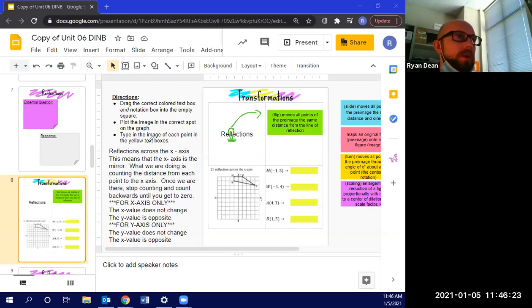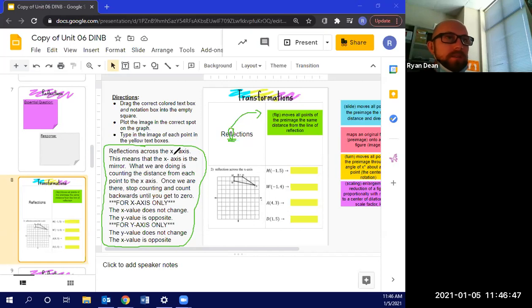Now over here, this is the stuff that you need to put into your notebook. This is not currently there; this is stuff that I've typed out. We're going to focus only on reflections across the X and the Y axis. When we do these, we're thinking of the X and the Y axis as the mirror.